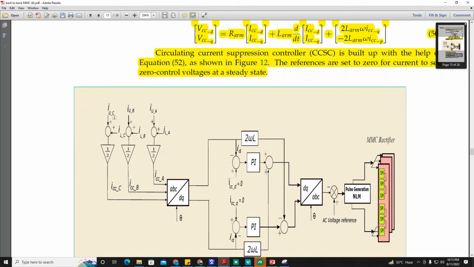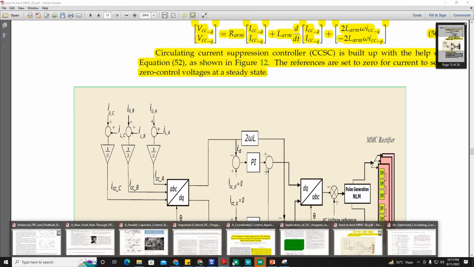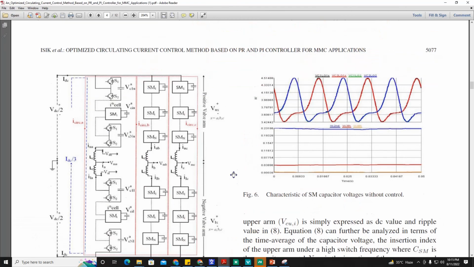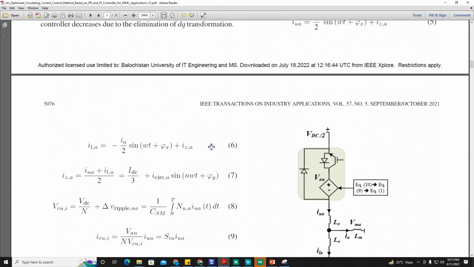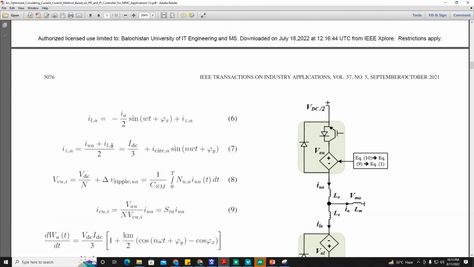Now you see that, as we know, if we add the upper arm current plus the lower arm current divided by 2, it will become the circulating current for phase A, phase B, and phase C. Let me show you this equation: I upper arm plus I lower arm divided by 2.